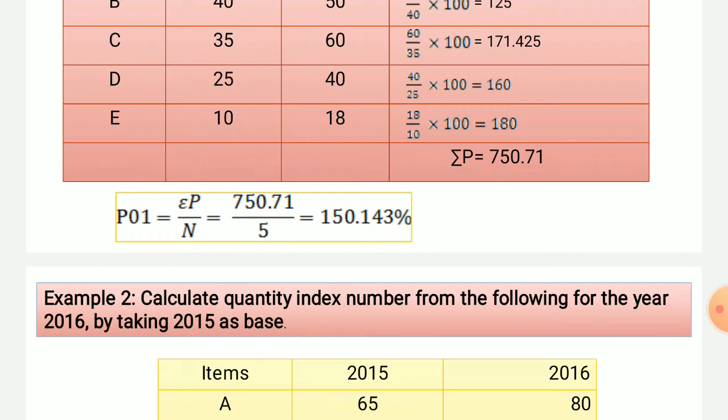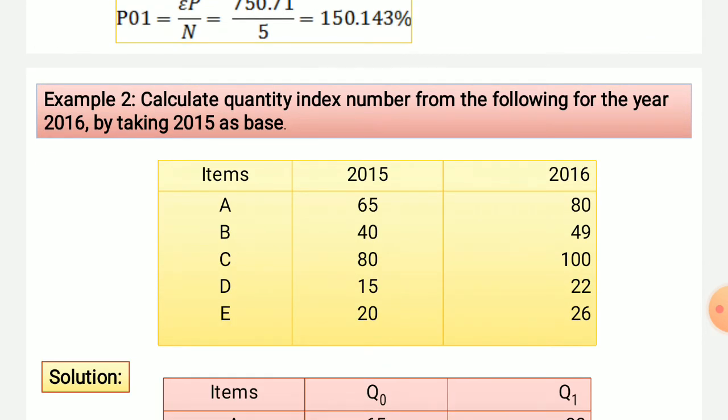So this means that in the current year the prices of all the items had been increased by 50.143% when compared to the base year.